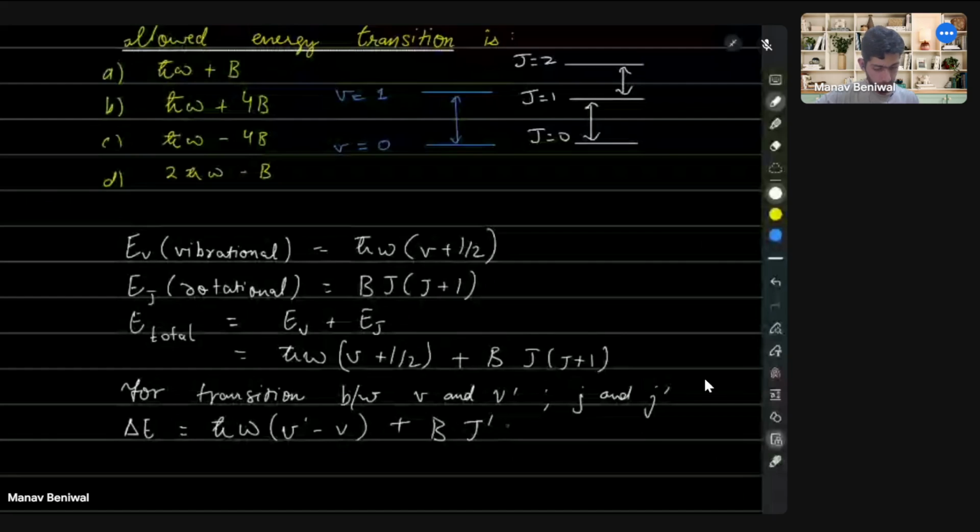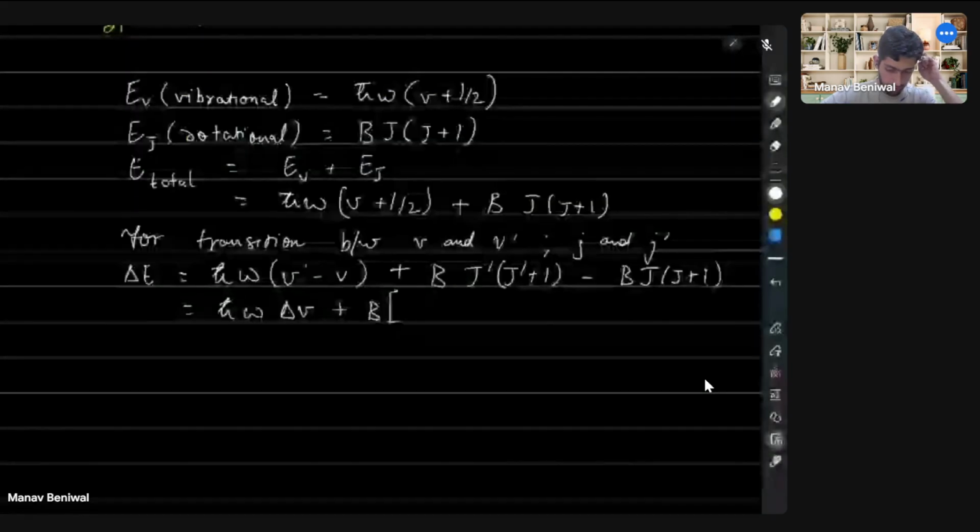So this we can rewrite. So this will be delta V. Let's take B common. Right, so this just becomes J prime(J prime plus 1) minus J(J plus 1).